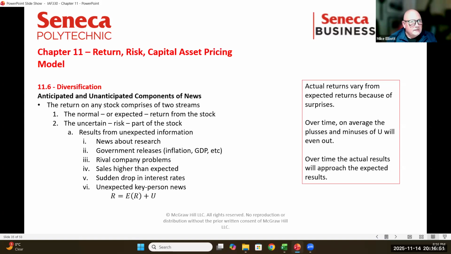Is there an impact? There might be. Your sales are higher than expected. Your competitors' sales are higher than expected. Or there's a sudden drop in interest rates and all of a sudden your funding becomes cheaper. Or you're selling cars and there's a sudden drop in interest rates and the payments become cheaper. What if there's key person news? What if the president of the company dies?